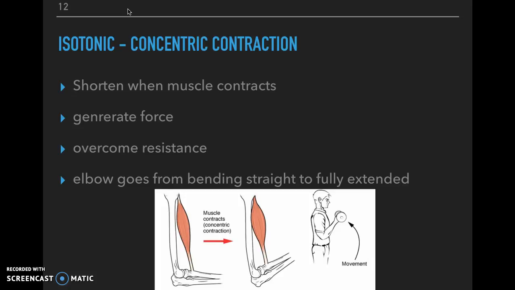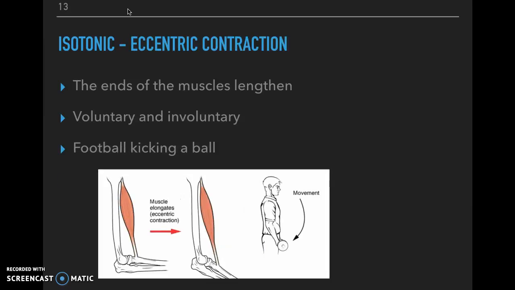It still generates force and it overcomes resistance. For example, weightlifters. When they're lifting the weight towards the body in flexion, the bicep brachii is shortening and getting smaller, and that is concentric contraction.